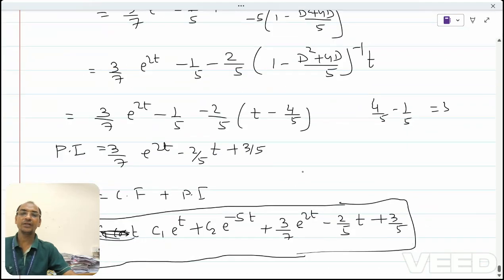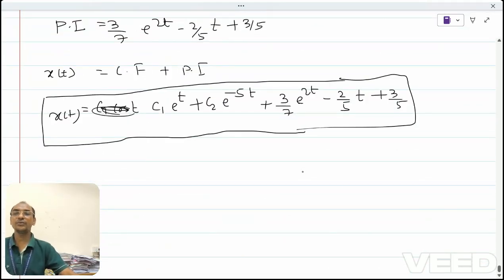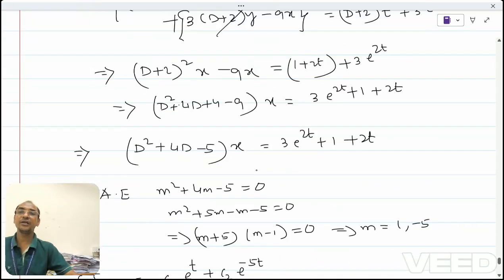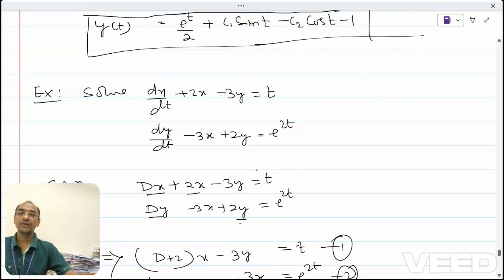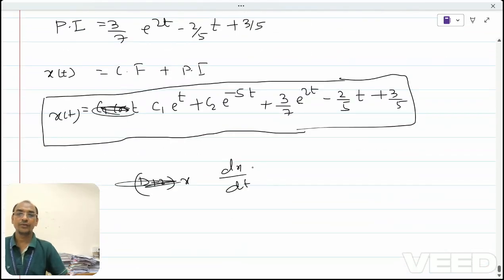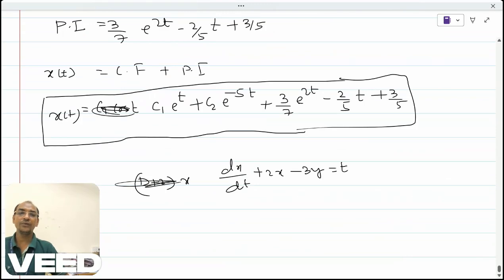So what will you get? Equation 1 is d plus 2 of x, or you can say dx by dt plus 2x minus 3y equal to t, and dx by dt means derivative of x.